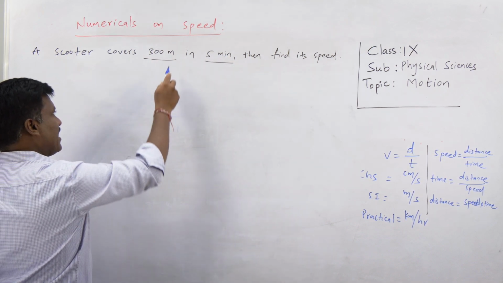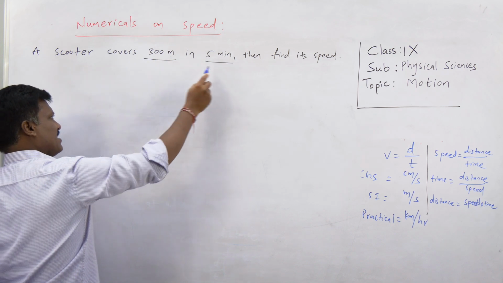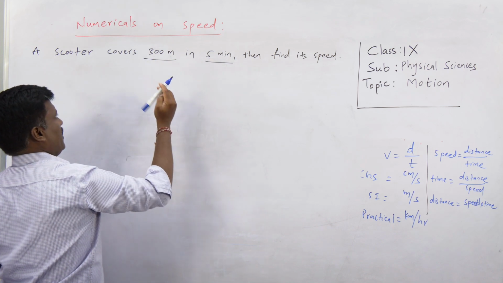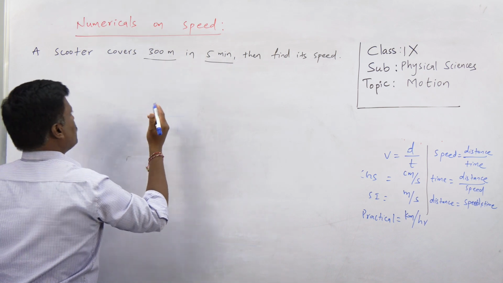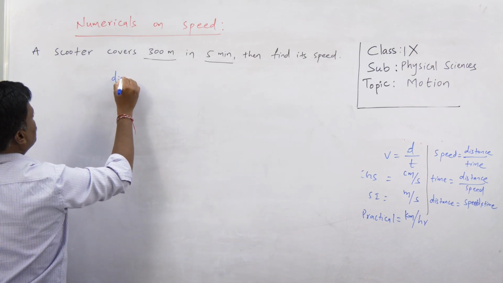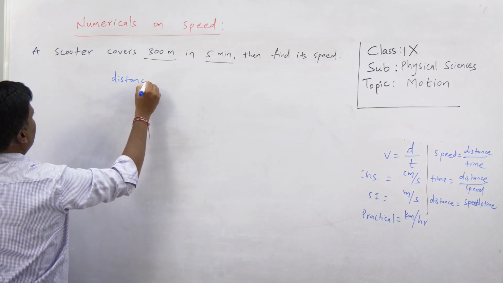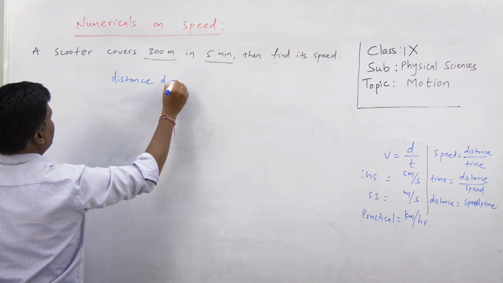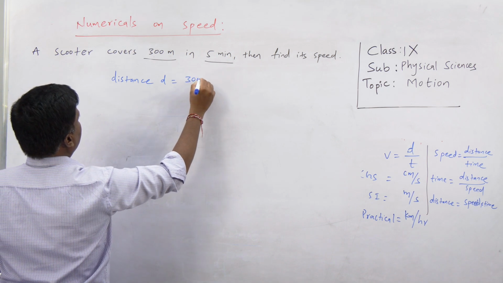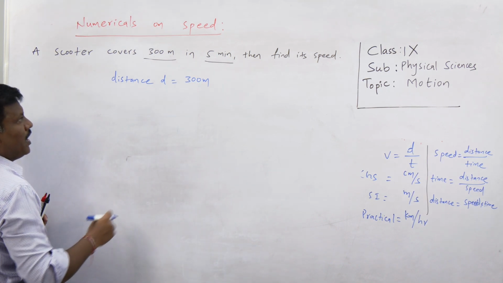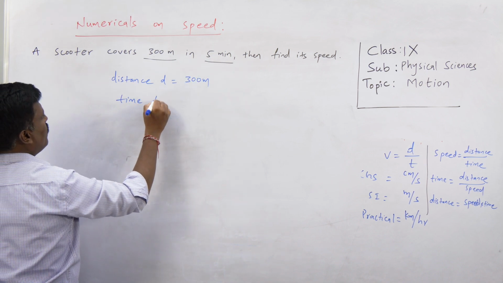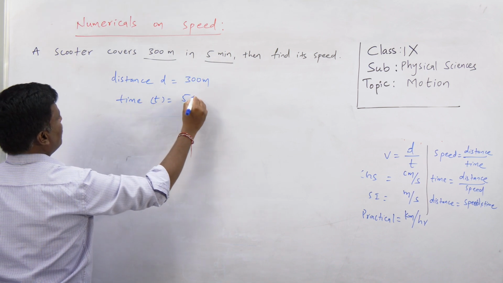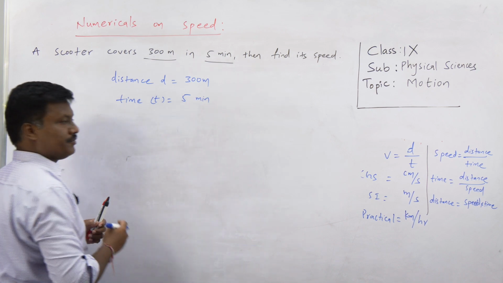Meter refers to distance, minute refers to time. So meter is a unit of distance, minute is a unit of time. First, you have to note down what is given. Distance D is equal to 300 meters and time is equal to 5 minutes.